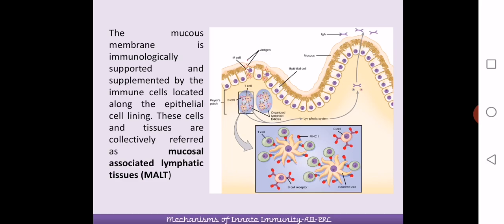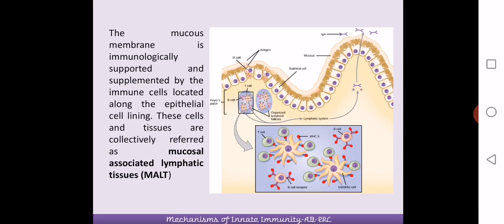Right, and moreover, in addition to the secretion of mucus by the mucous membrane, there is a supportive immune system for the mucous membrane, which is collectively called mucosal associated lymphatic tissue, or MALT. And these are nothing but immune cells there to help the mucous membrane.